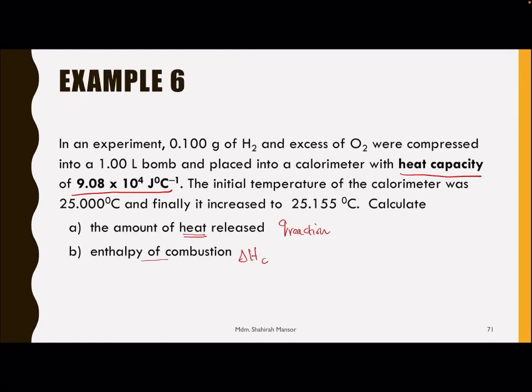To answer question A, which is to find the amount of heat release, firstly you have to find the Q surrounding, that is the heat absorbed by the surrounding, and the formula will be capital C of calorimeter times delta T. Why do we use this formula? Because we assume that we have the calorimeter as the only surrounding.